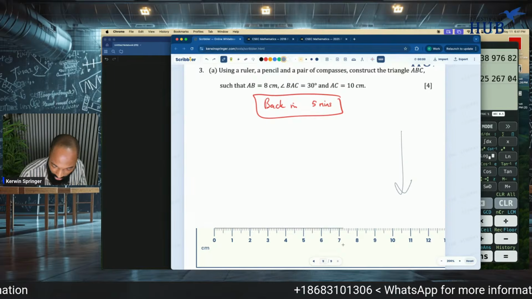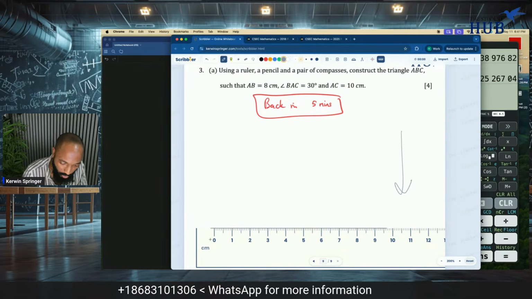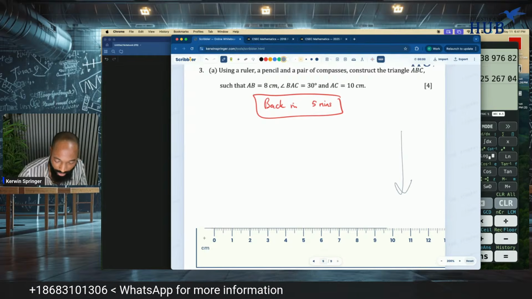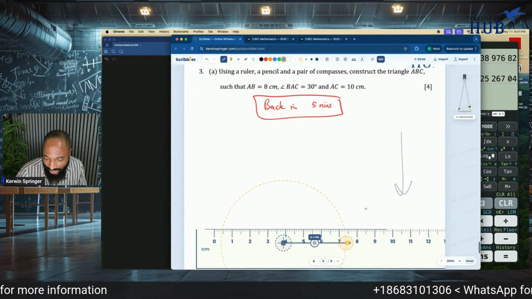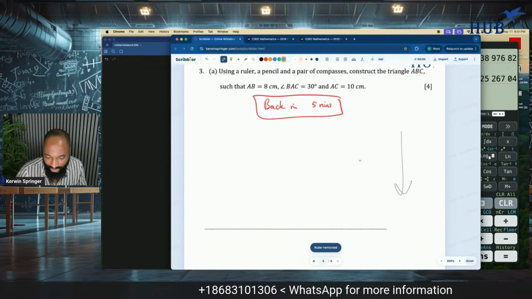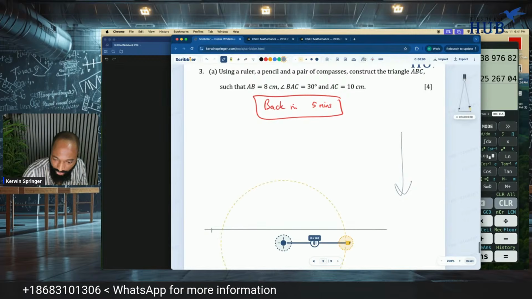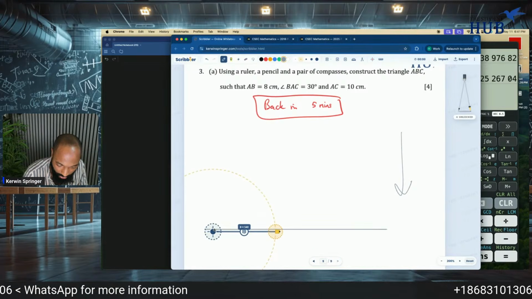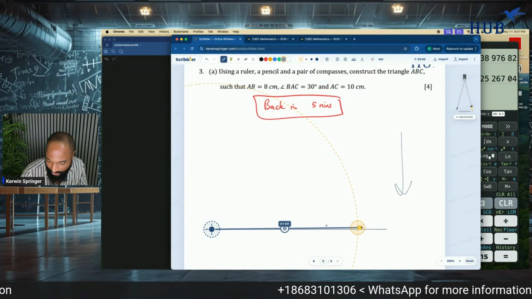But in construction, what we actually do is we go forward and backwards, and we use our compass to construct the idea of the 8. Let me show you what I mean. You put a little dash here where you want to start. Then you open out your compass to 8.